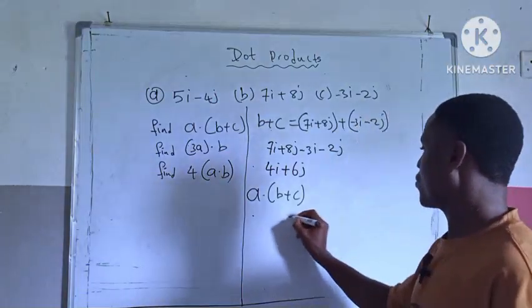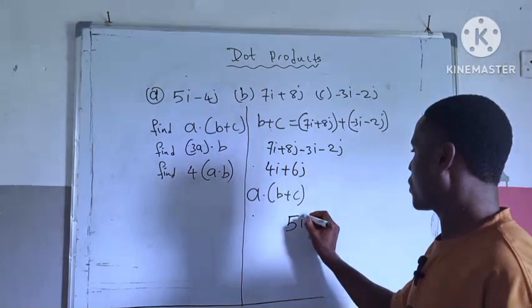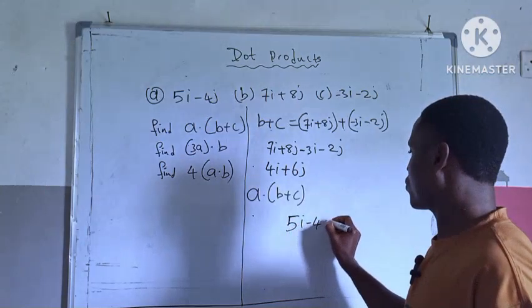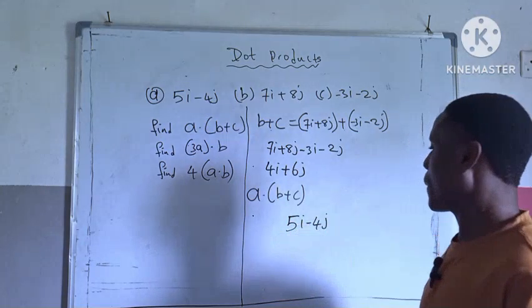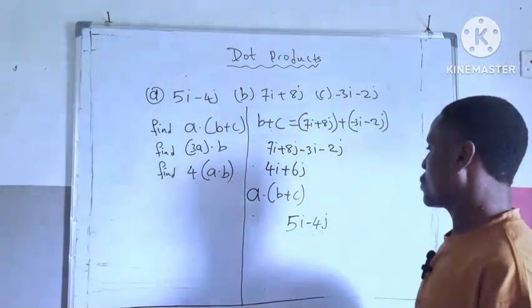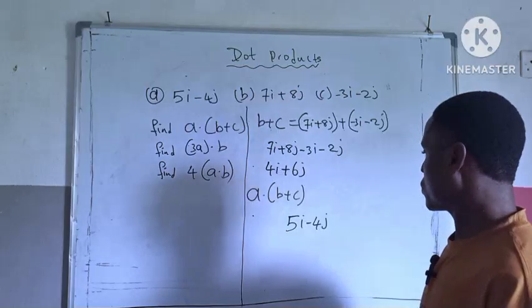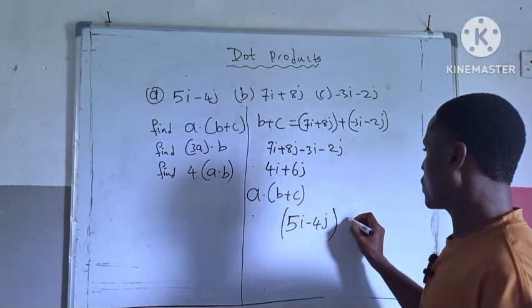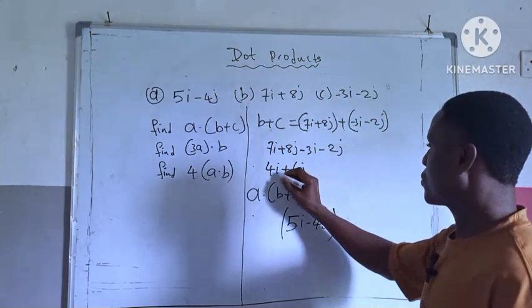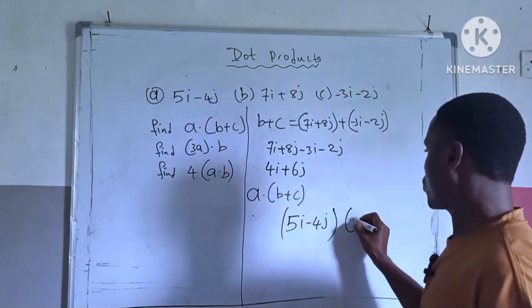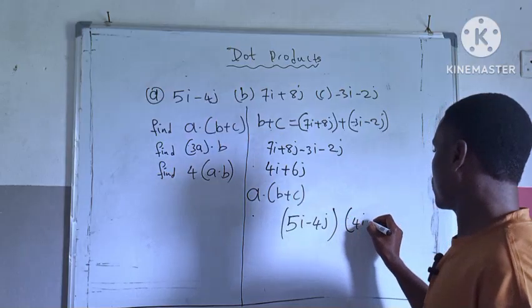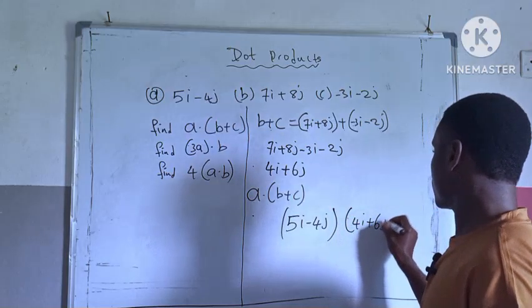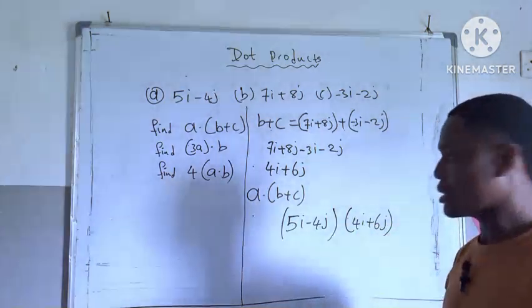Let me write it here: 5i minus 4j, multiplied by 4i plus 6j. Are you getting it?